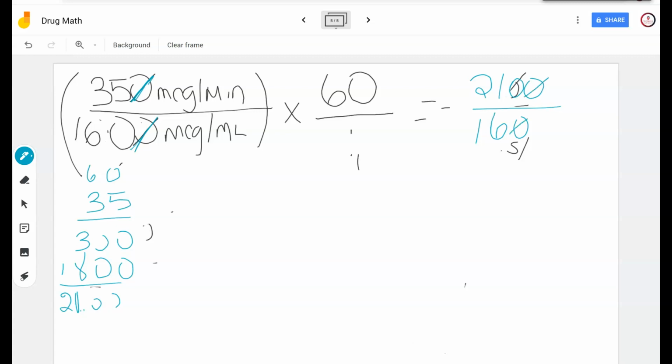Cancel out your zeros again. 16 goes into 210 once. 16 into 50, 3.